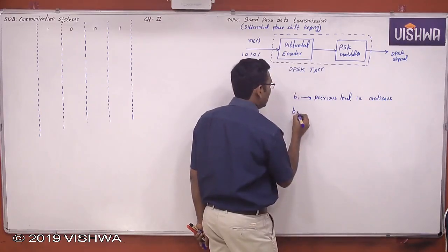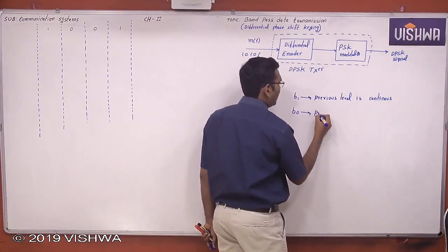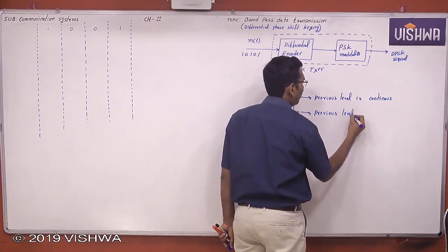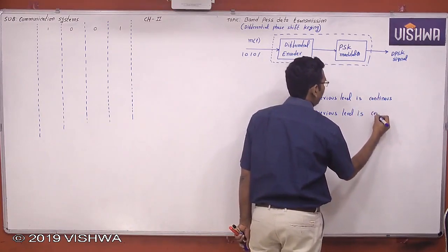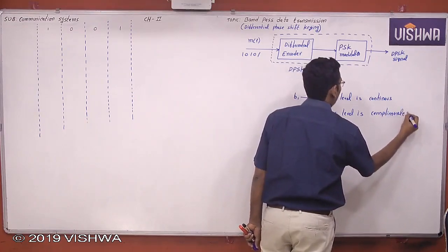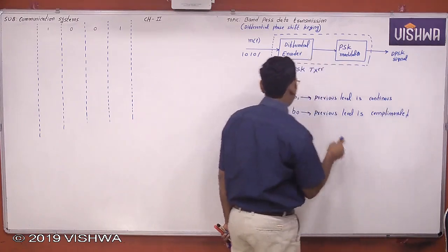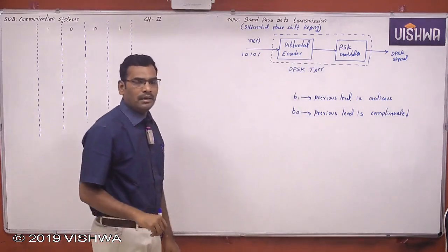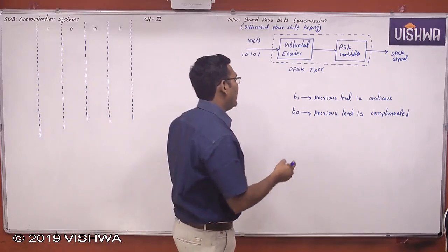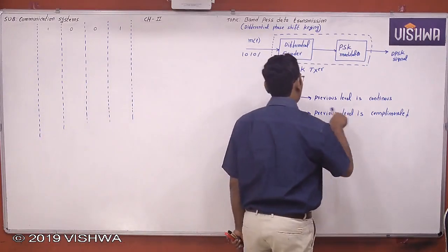For binary 0, whatever the previous level is, that previous level is complemented. For example, 1, 0, 0, 1. This is a differential encoder. An exclusive NOR gate with an appropriate feedback acts as a differential encoder and produces the differential encoding.